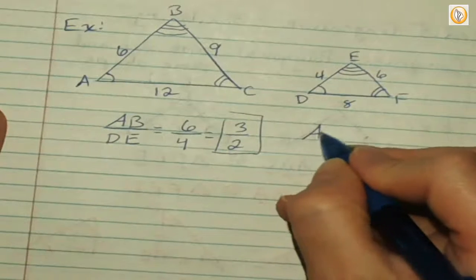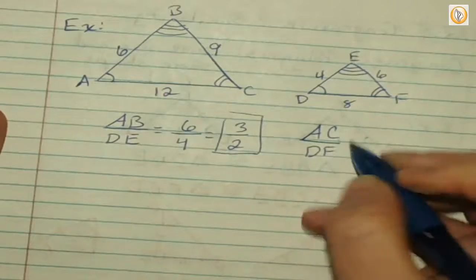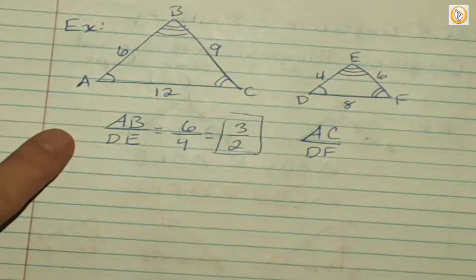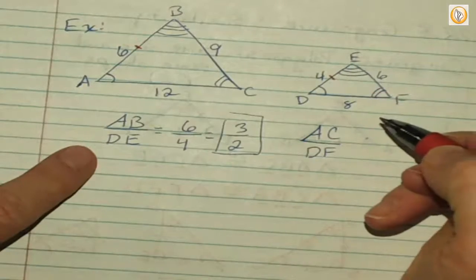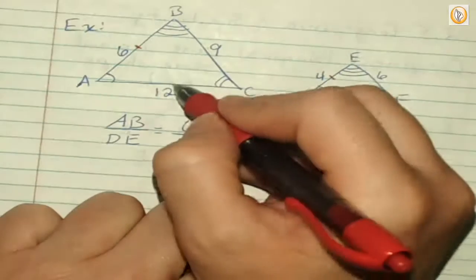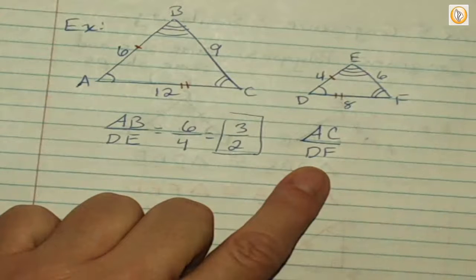Let's check to make sure all of the other sides work. And look what I'm comparing. I'm comparing side AB with its similar one, DE. AC with DF.